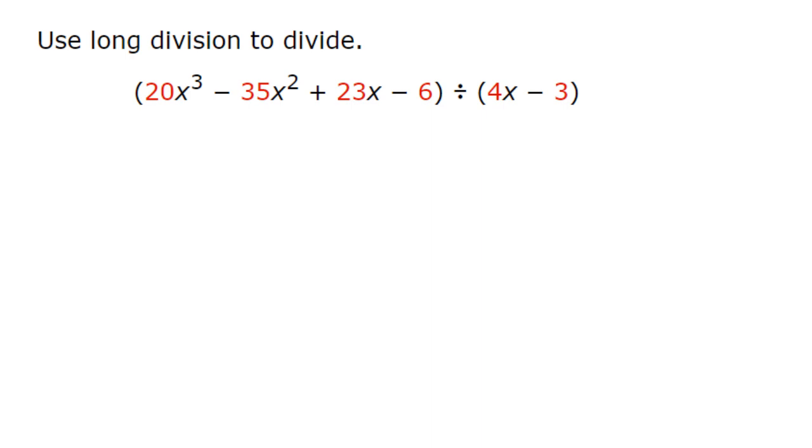Let's use long division to divide this polynomial. My dividend is going to be 20x cubed minus 35x squared plus 23x minus 6, and my divisor is going to be 4x minus 3. Before we do the division, we have to make sure that the placement value for all of our terms is in the correct place.